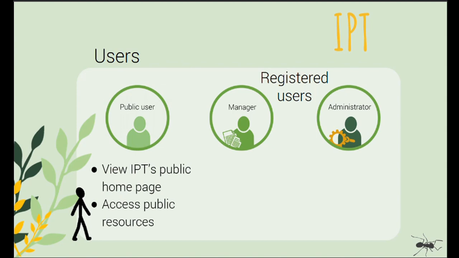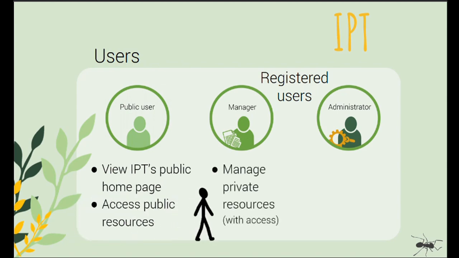Registered users will have access to the public homepage as well as any private resources to which they have been granted access rights. The IPT permits a few types of registered users, including managers with and without registration rights and administrators. A manager is an individual who has the ability to view, edit, and delete a specific resource.